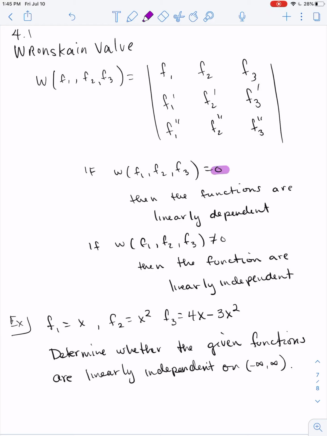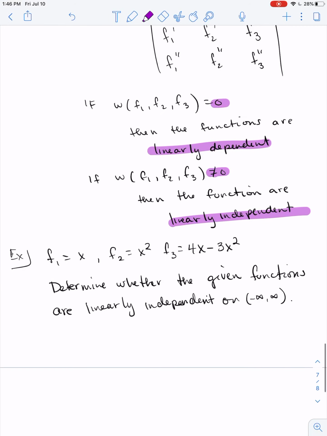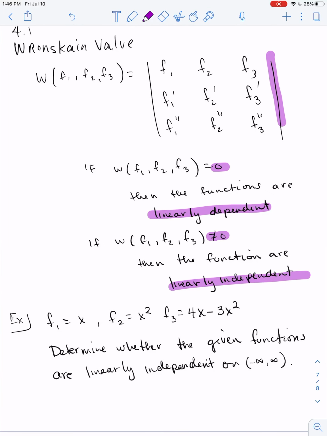Okay, if it equals 0, you know it's going to be linearly dependent. If it does not equal 0, linearly independent. So let me show you how you do this matrix and how you do the determinant. These brackets just mean determinant.